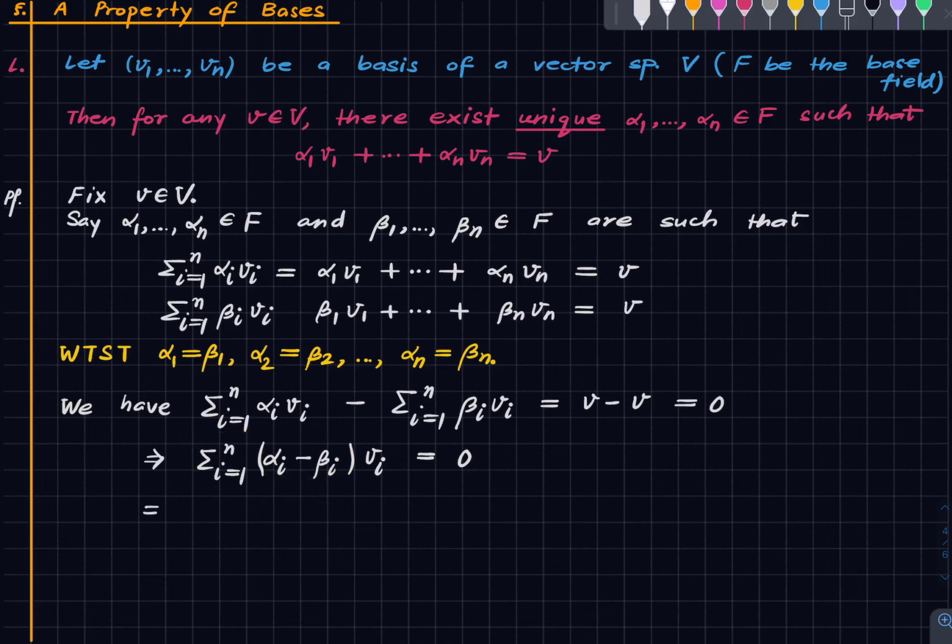Therefore, alpha i minus beta i is 0 for all i, and therefore we are done. That's what we wanted to show. It's a very simple proof, a straightforward, follow-your-nose argument, but I did it in full detail because we are only at the beginning of this course. It is good to see proofs in full detail, and generally my idea is to present proofs in full detail.